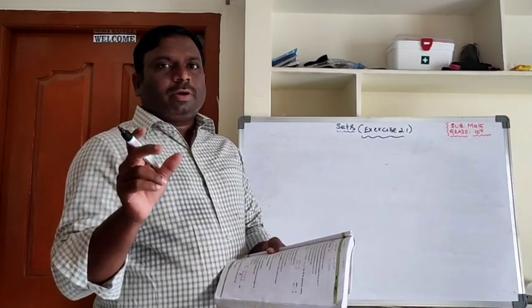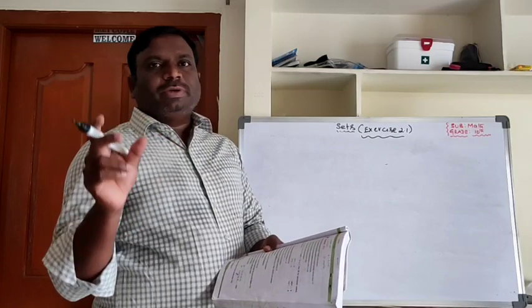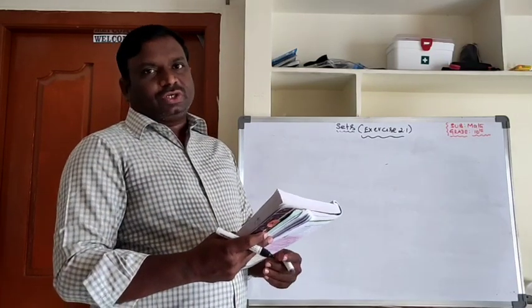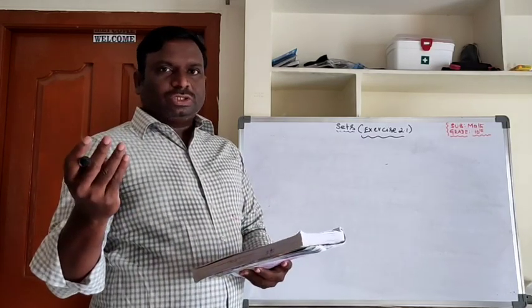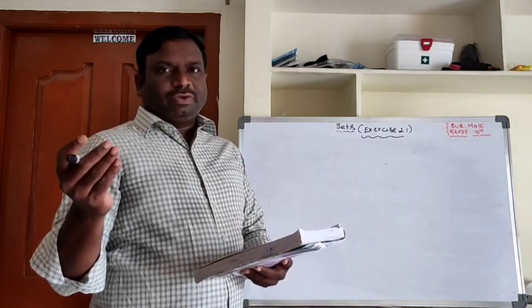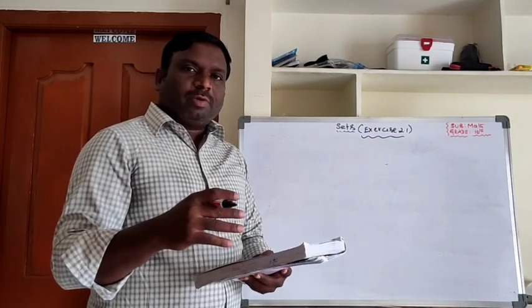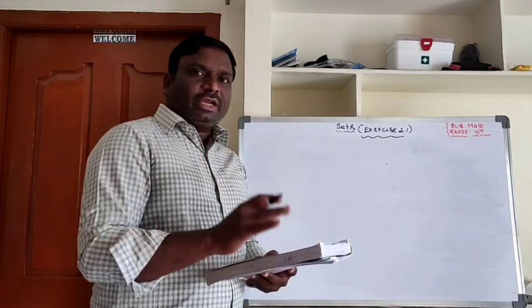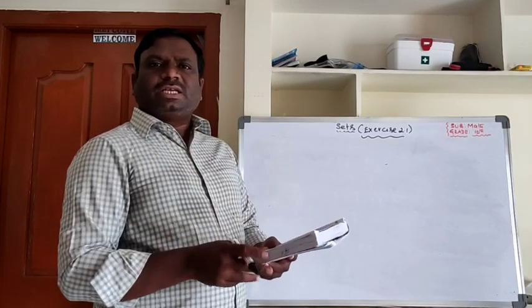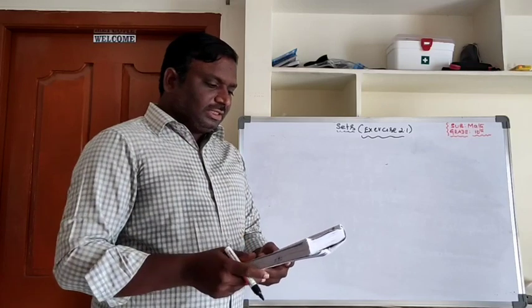What is the common property? All months should start with the letter J. So January and June, July also we can take. So this is the common property. If it has a common property, then we can say that it is a set. So the first question is a set.